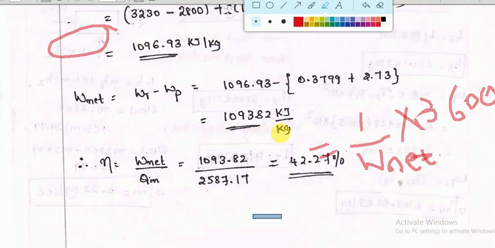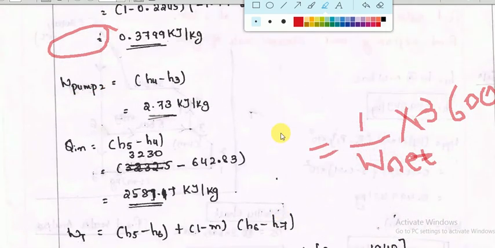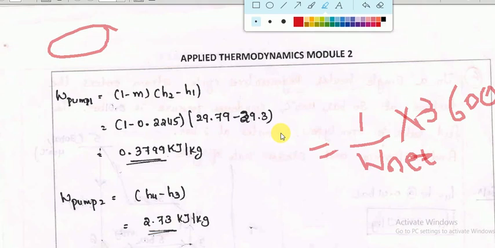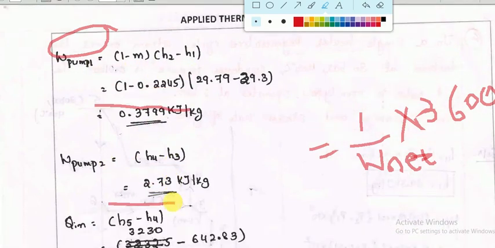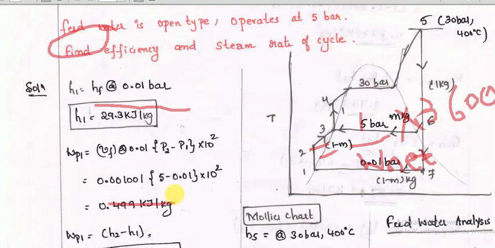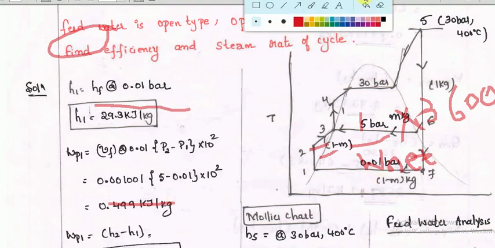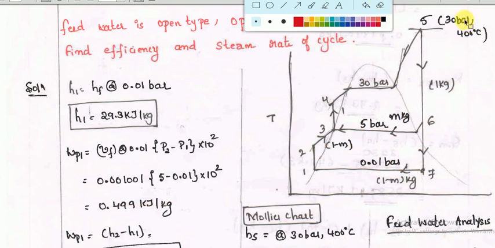The main thing you need to remember is, if you look at the diagram, you can easily write down these formulas. If we go to the diagram, we can see here the work of the turbine is given by H5 minus H6 into 1 kg mass, then H6 minus H7 into 1 minus m kg.